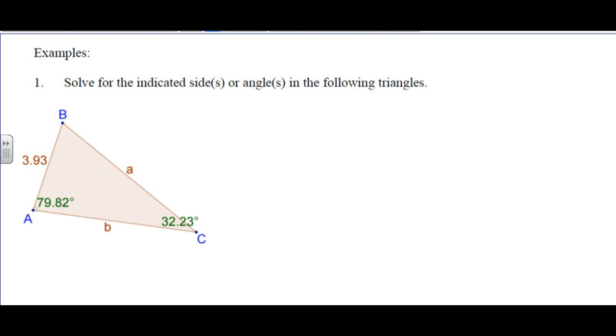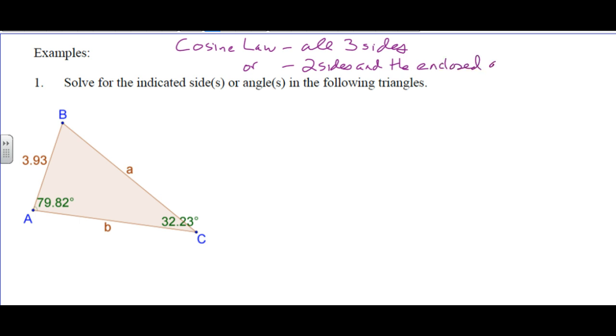Cosine law. Okay, if you're going to do the cosine law, you need all three sides, or you need two sides and the enclosed angle, right?